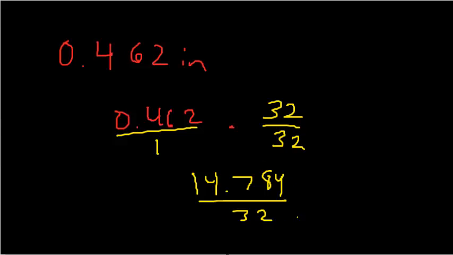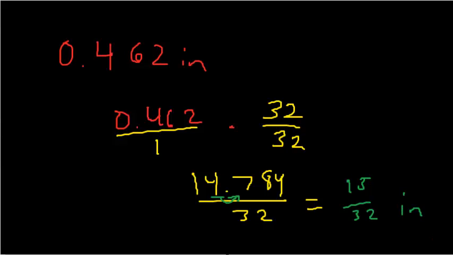So if we want to find the nearest 32nd of an inch, we round our numerator now to the nearest ones place. It tells me to round up, so I have 15 32nds. So that tells me now that 0.462 is closest to 15 32nds of an inch.